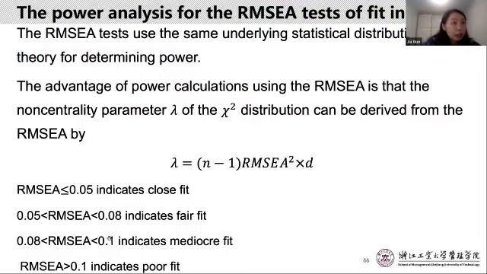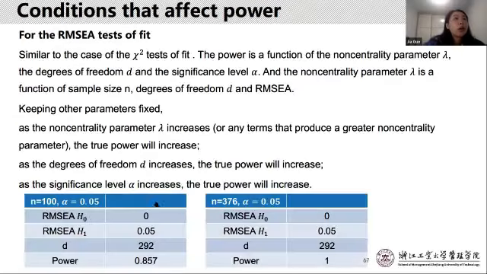So here are the guidelines for the evaluation of the RMSEA. Then for this test, we also look at the conditions that affect power. Similar to the chi-square test of fit, the power is also a function of lambda, d, and alpha. The difference is that here lambda is a function of the sample size n, the degrees of freedom d, and the RMSEA.